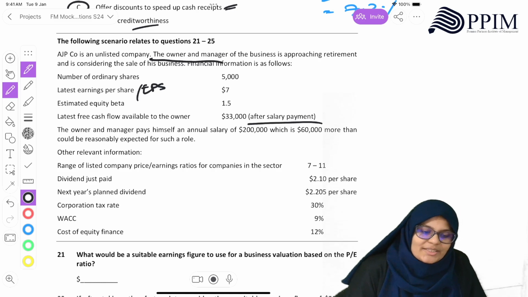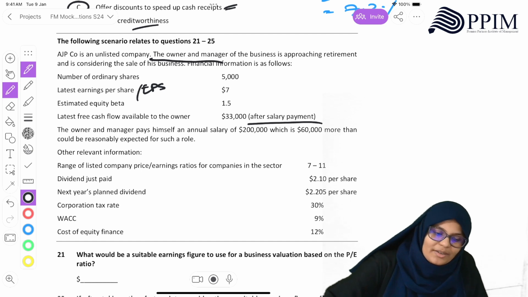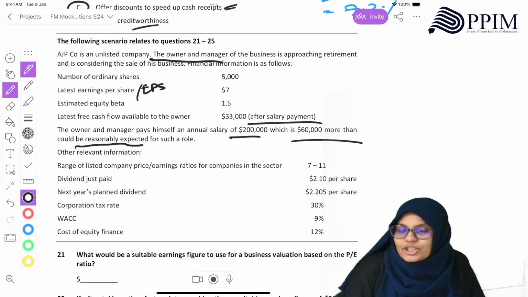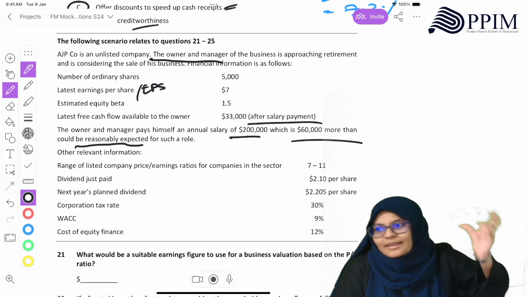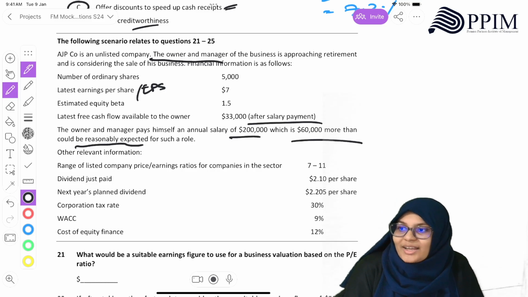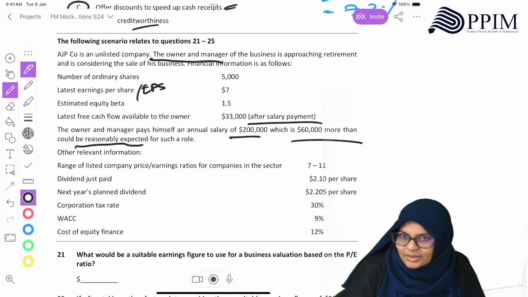It says here the owner and manager pays himself an annual salary of 200,000, which is 60,000 more than could be reasonably expected for such a role. Now if I take another manager and make him do the job of this owner, I will pay him only 140,000 per year.